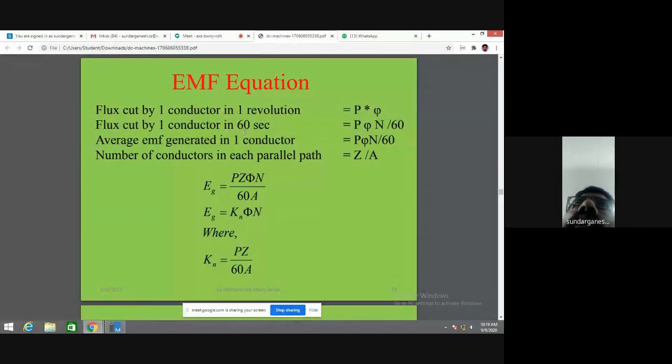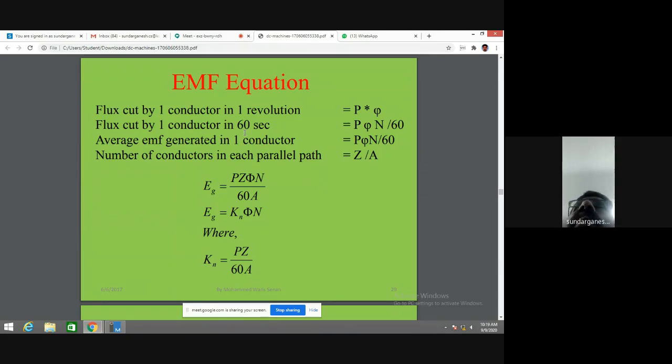Next is the average EMF generated in one conductor. For one flux, pi is the flux per pole and P is the number of poles, so you have to multiply with the number of poles; only then do you get the total flux cut by a single conductor. That is P into pi.